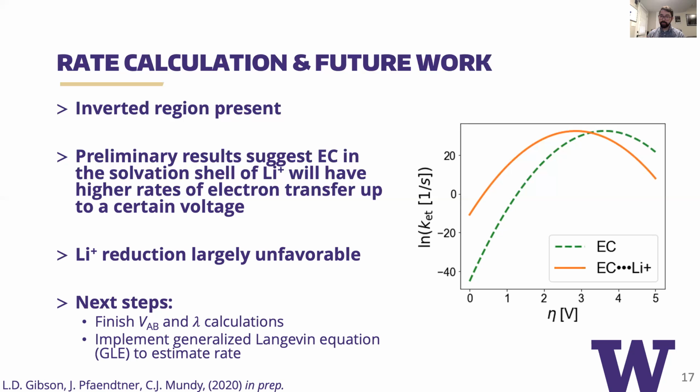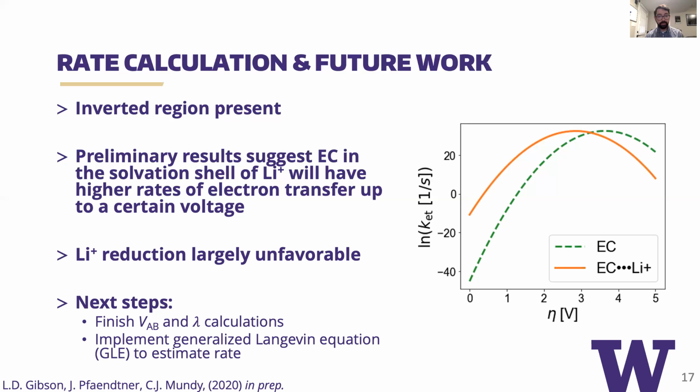And this is known to occur experimentally as well. The lithium ion is not even shown here in this plot because it has an extremely small rate constant, which qualitatively makes sense.